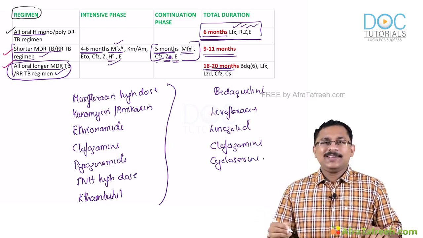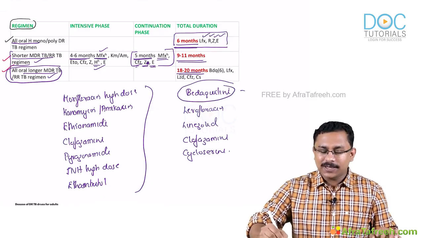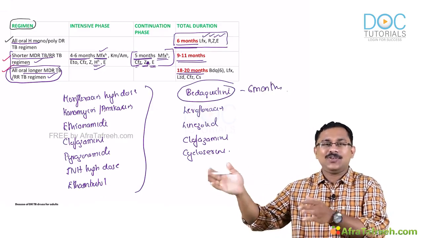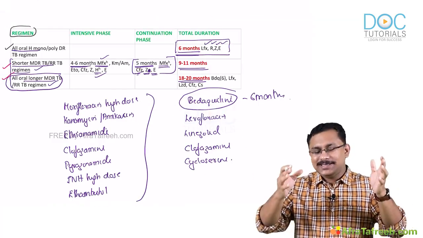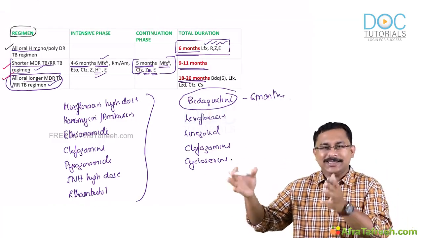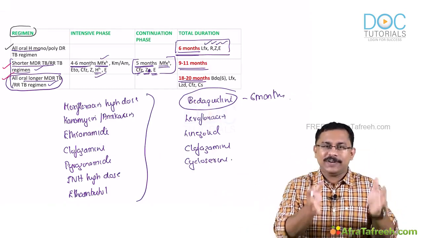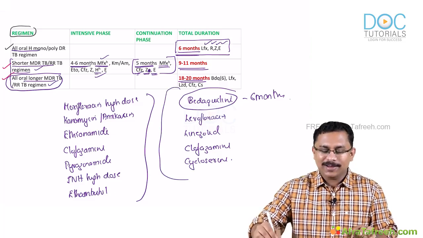Out of these, bedaquiline you give for the first 6 months only. The remaining you give for 18 to 20 months. So for 18 to 20 months you are giving the same drug regimen, only thing is that bedaquiline is given for the first 6 months only. The rest of it is continued, and that will be the treatment.